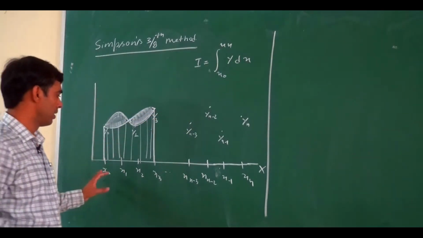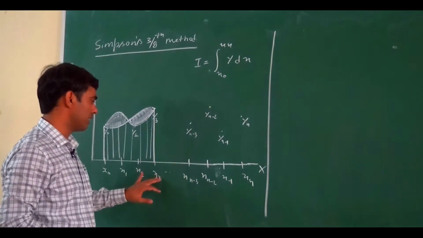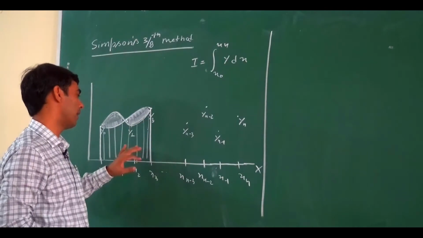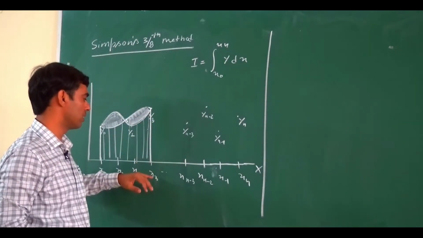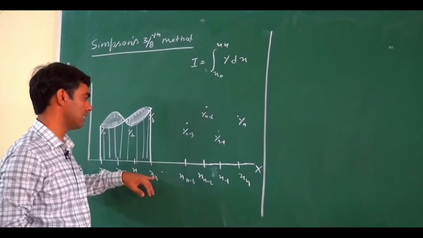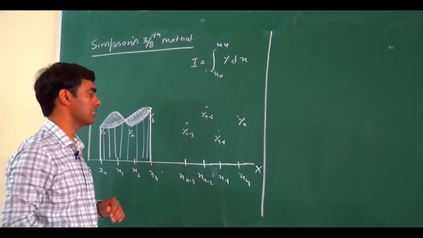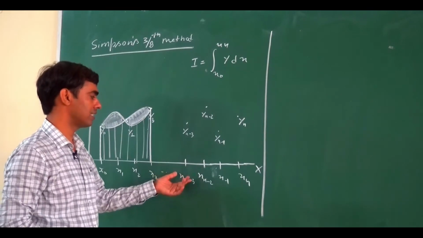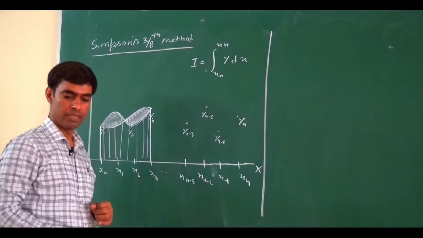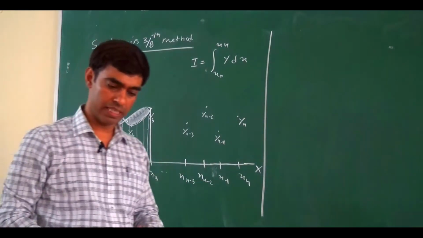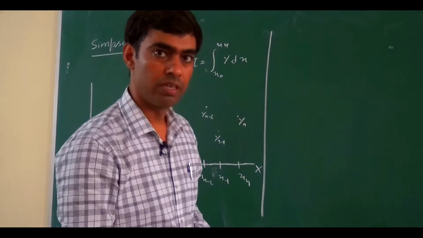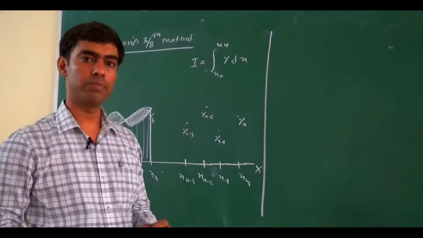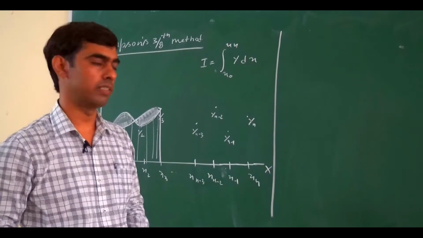Similarly, when we find the area from x3 to x6, there is also a chance of error, and we approximate a polynomial of degree 3 from x3 to x6, and similarly x6 to x9, and the last one is xn minus 3 to xn. So this is the geometrical interpretation of how we solve any numerical problem using the Simpson 3/8 method.